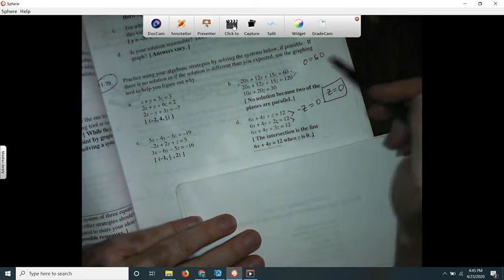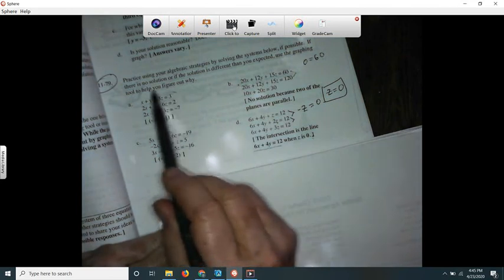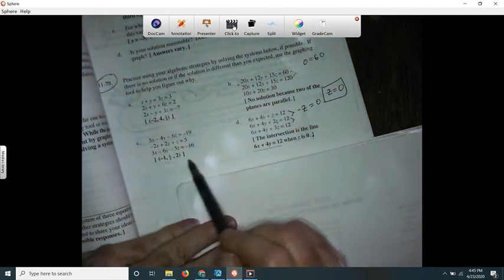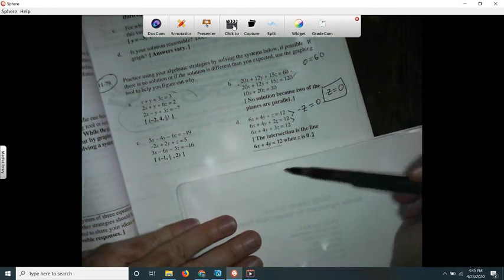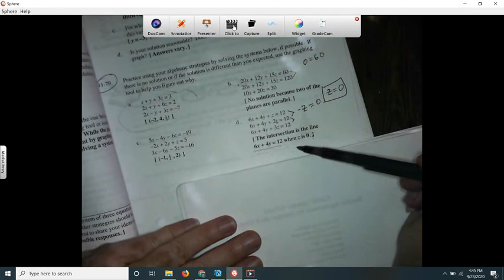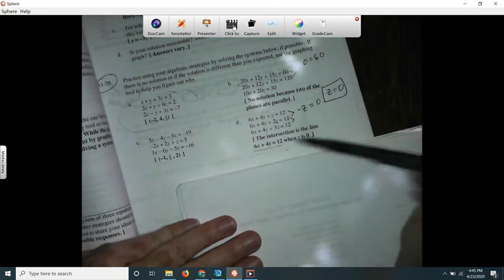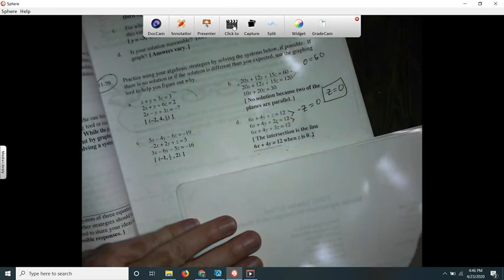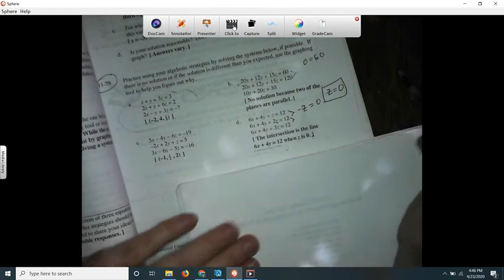So just know that a lot of the time the problems you get, you're just going to get one of these nice ordered triples, but sometimes you'll get no solution, or you'll get a funny solution, like your solution will end up just being a line. And if you look at the video that I'm going to put up on Google Classroom with the animation, you'll see what that looks like when two planes are intersecting in a line.